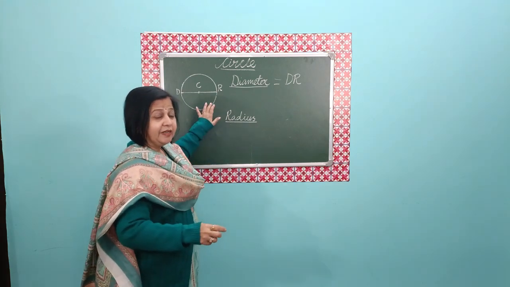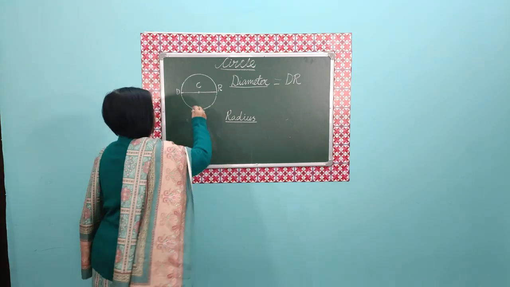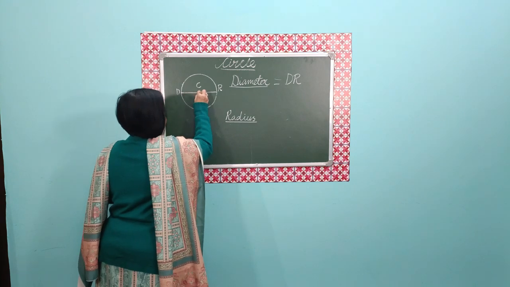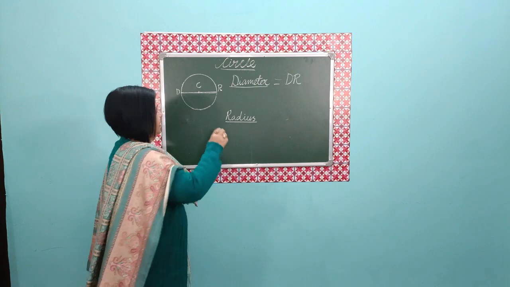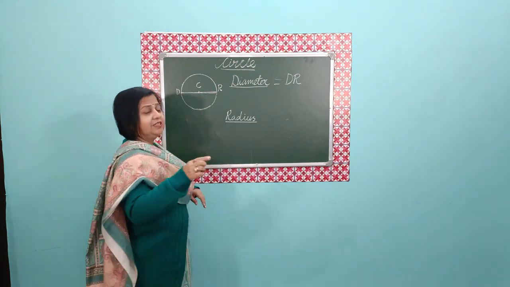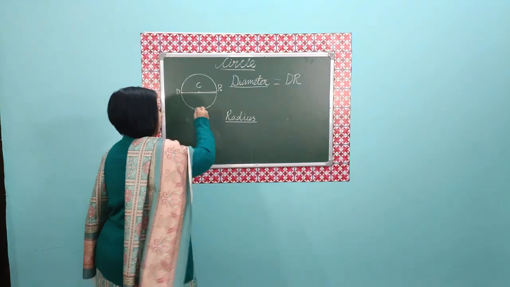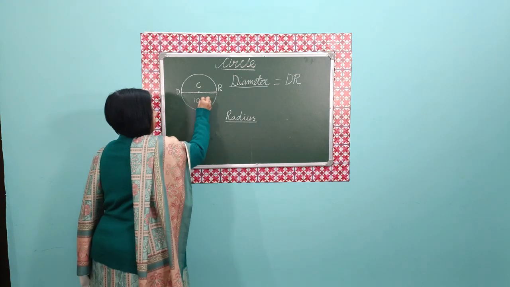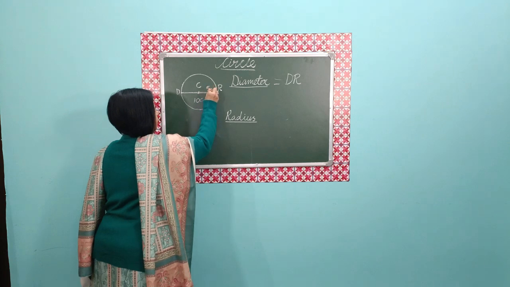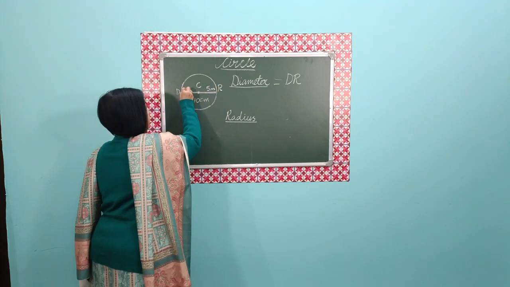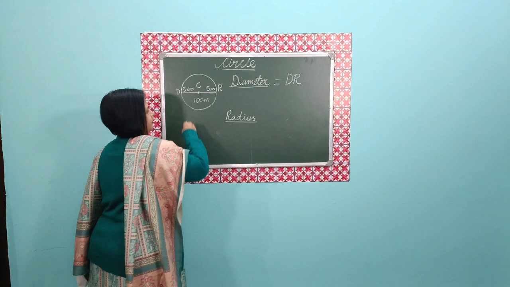You can see that this diameter contains two radii, one is this CD and the other is CR. So if this diameter DR is 10 centimeters, that means this CR is 5 centimeters and this CD is also 5 centimeters.